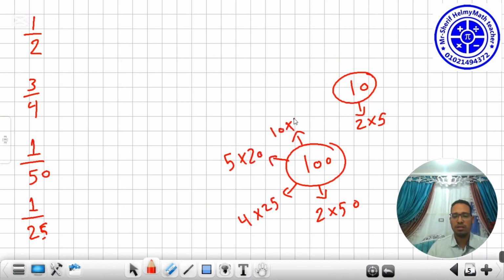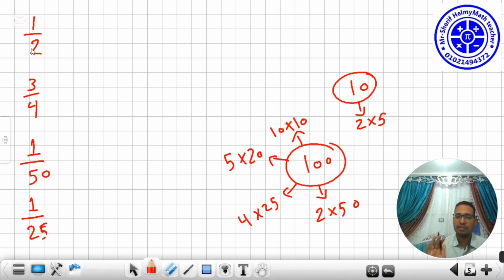So if the denominator is 2, we write here 2 times 50. If the denominator is 2, multiply by 50 to be 100. If the denominator is 2, you can multiply by 5 to be 10. First, we need to convert the denominator, the number down.